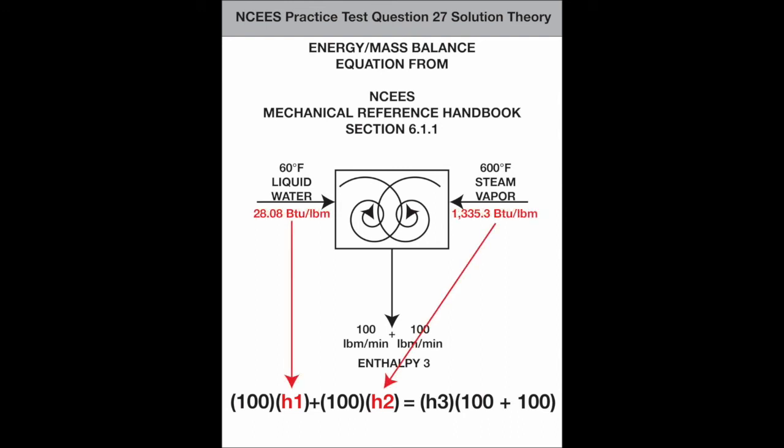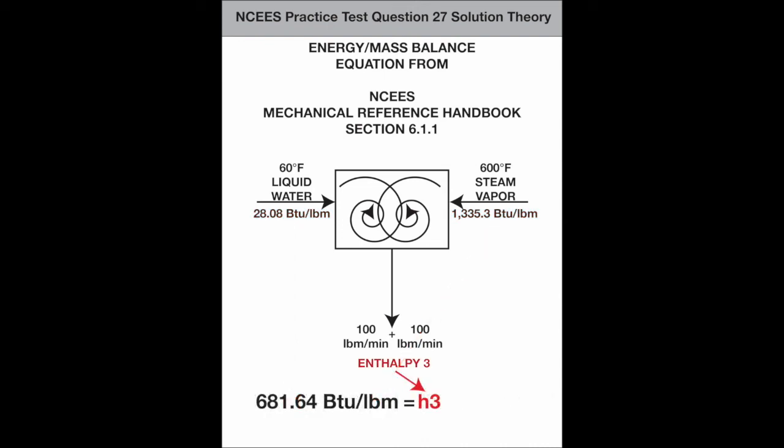Let mass flow 1 be the water, and mass flow 2 be the steam. 100 pounds mass per minute times 28.08 BTU per pound mass plus 100 pounds mass per minute times 1,335.3 BTUs per pound mass is equal to the enthalpy mix times 100 pound mass per minute plus 100 pound mass per minute. Solve for the enthalpy mix, which is 681.64 BTU per pound mass.